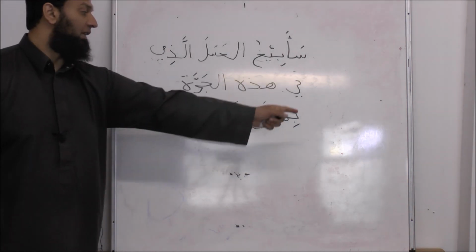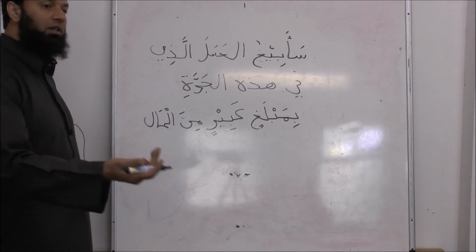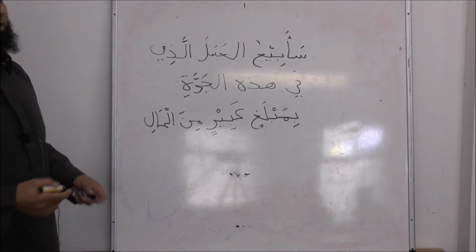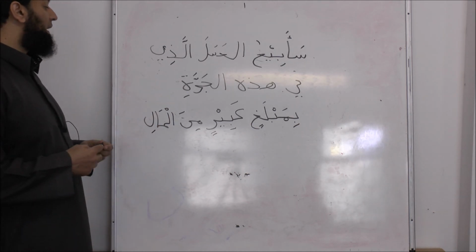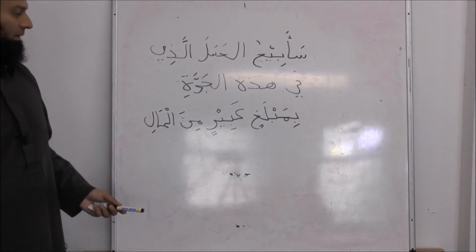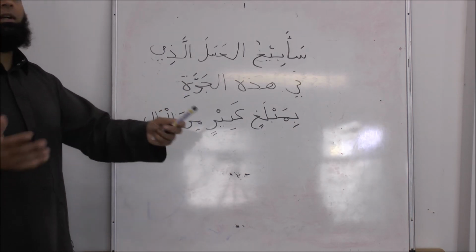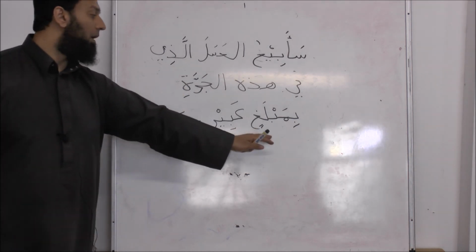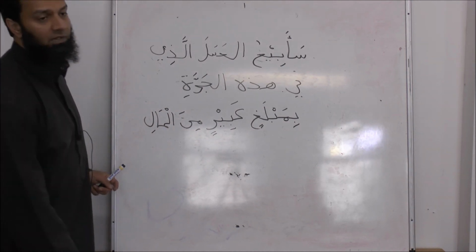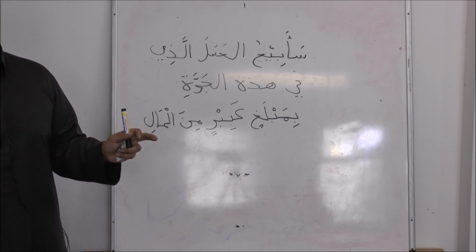It's the same as fi, the same as bi. Harfu jar, preposition. That's the one. بمبلغ كبير من المال. Okay, I'm going to sell this honey which is in this jar for a large amount of what? من المال. So he started to think, making a plan of what he's going to do. Okay?